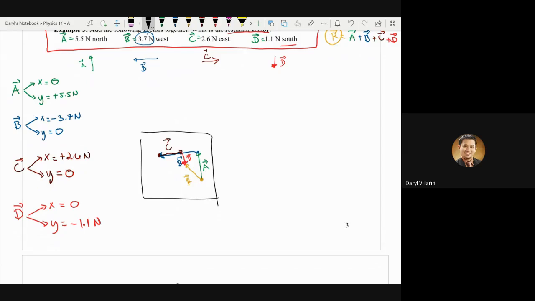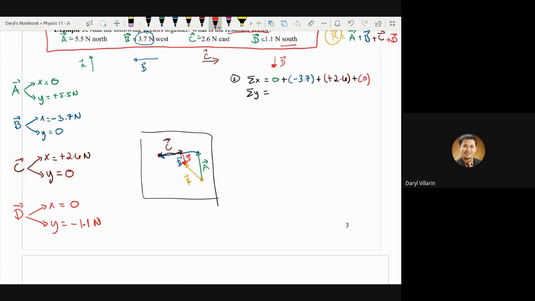The second thing is you take the summation of all the X and all the Y. So all the X's: you have 0 plus the negative of 3.7 plus the positive of 2.6, plus you have 0.